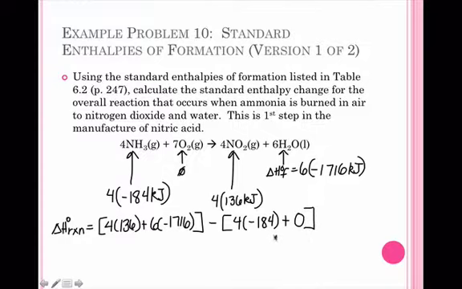And you don't have to include that plus 0, but you can if you want. And then if you do all that math and you plug it into your calculator, you're going to get negative 1,396 kilojoules. So that would be your answer for that question. You do your products minus your reactants.